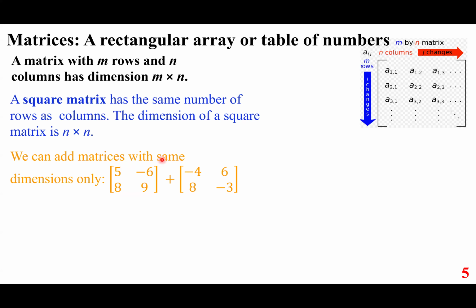We can add matrices with the same dimensions only. So if we have the same dimensions, all we have to do is add up the same location. For example, this one will add up with this one. The general location is a, i, j. I represents the row, j represents the column. So see a11. So when we add these two, we get 1.